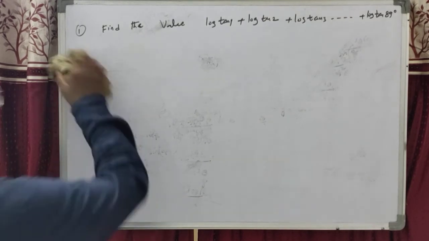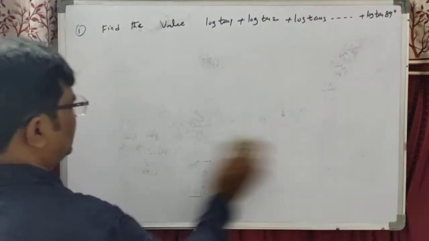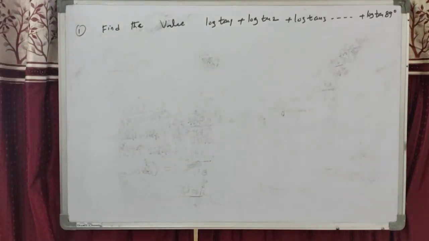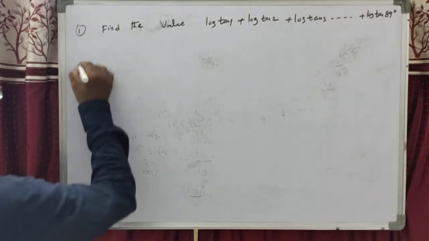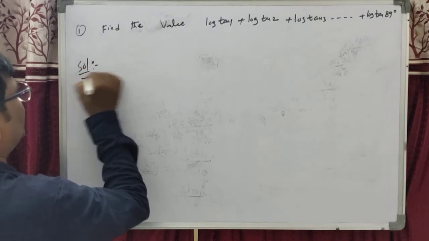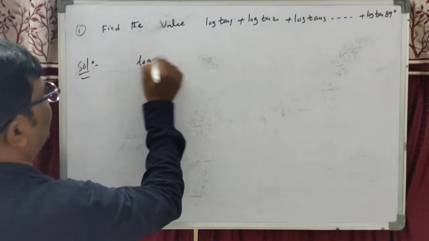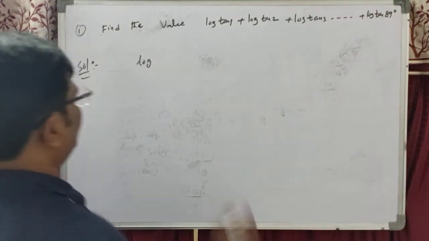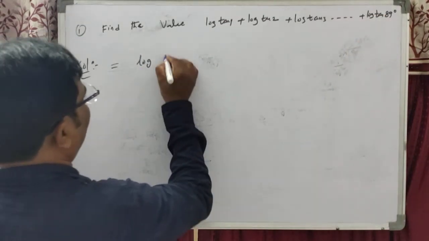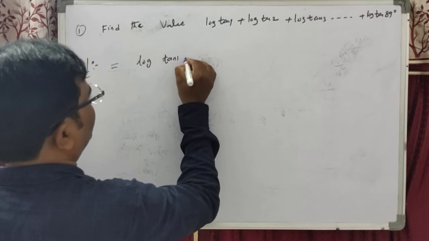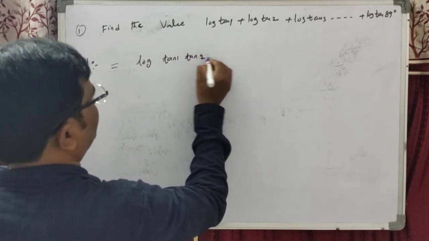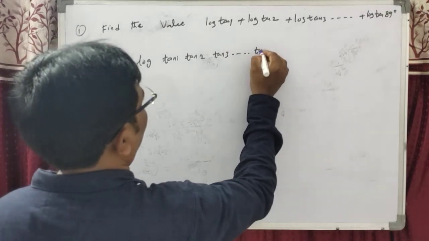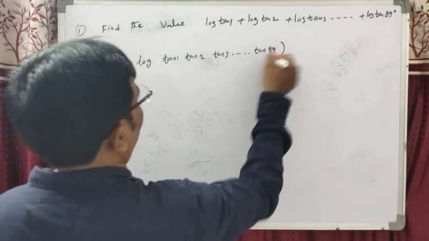Dear students, we have to know that log A plus log B plus log C and so on is the log of ABC. So you can write log of tan 1, tan 2, tan 3, up to tan of 89.